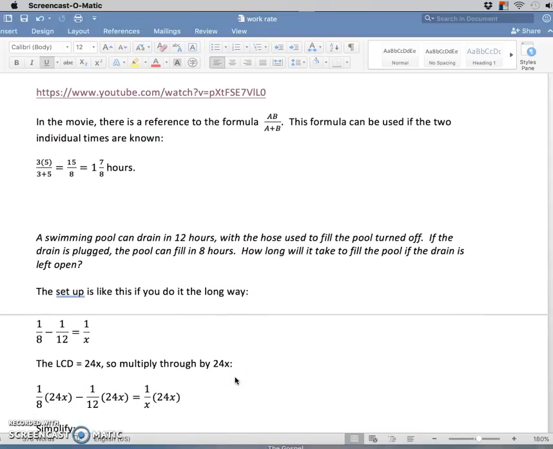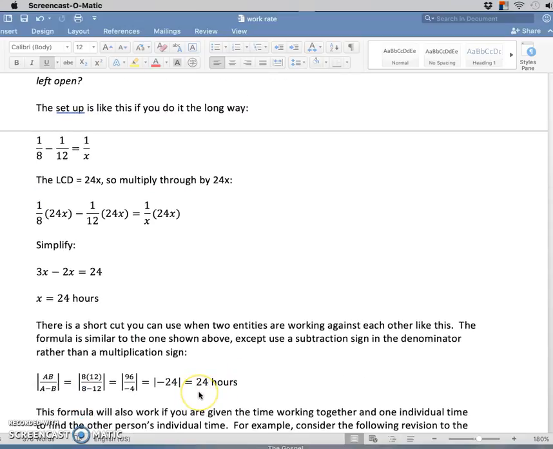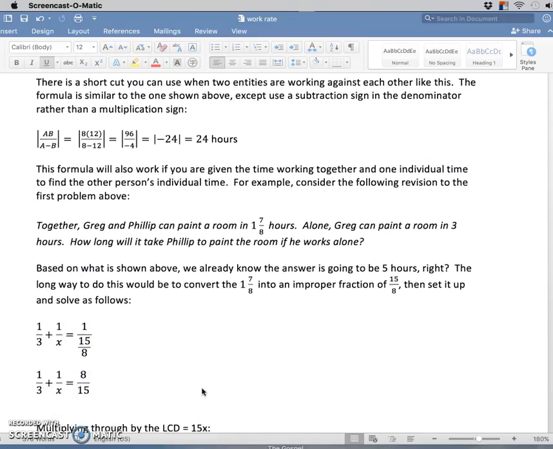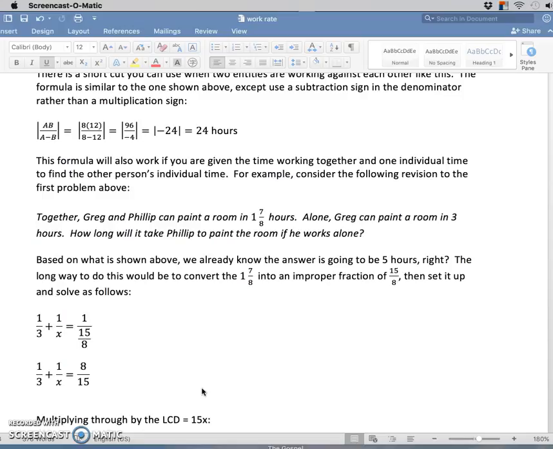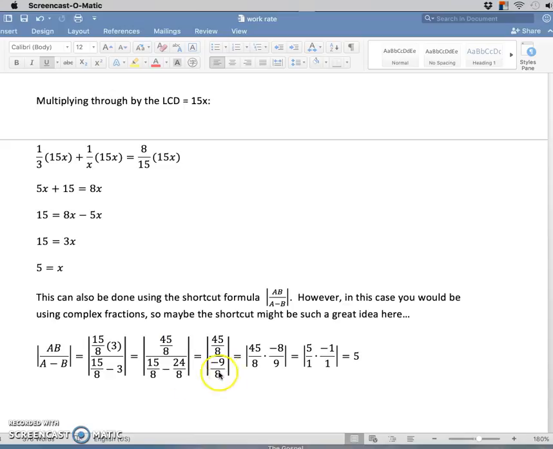In this video, I used the shortcut right here. If you were given 2 individual times working against each other, you can use the shortcut there. You can use the shortcut if you know 1 individual time and the time working together, and what's the other individual time? And we see that working here. Not the best choice of selections, like I said.